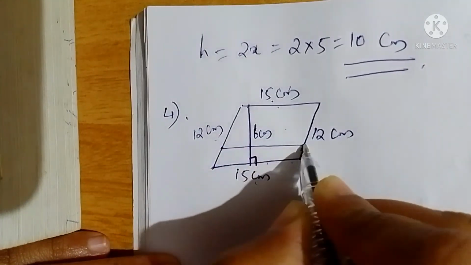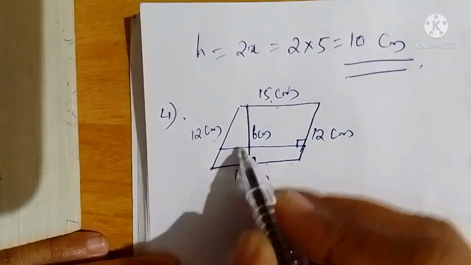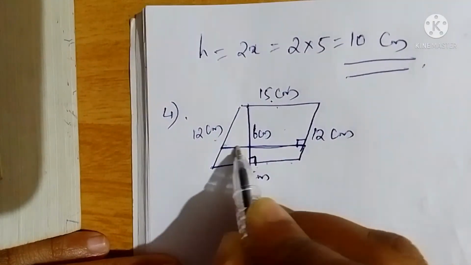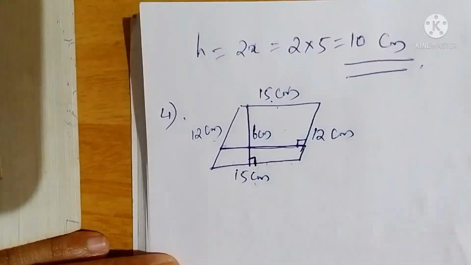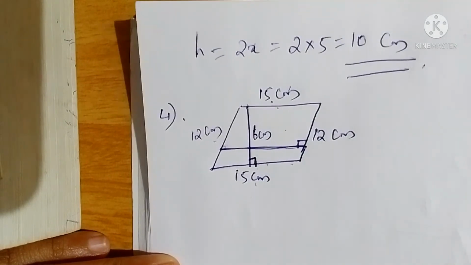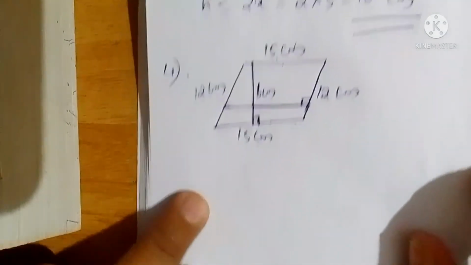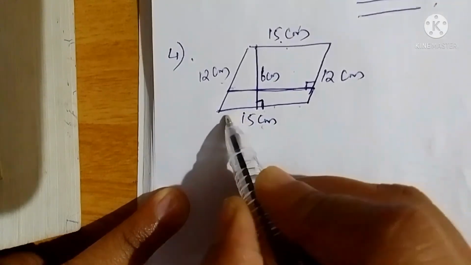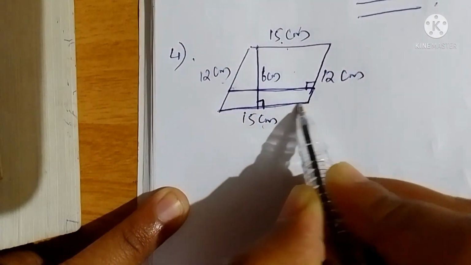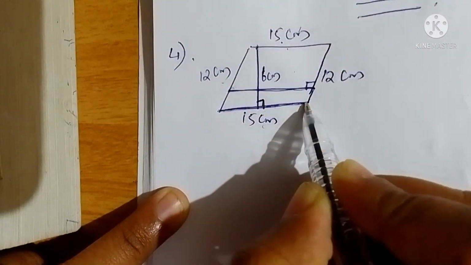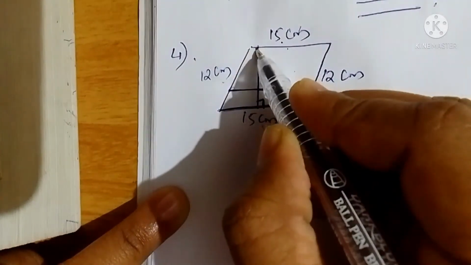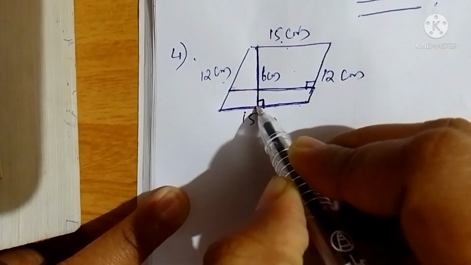Okay, this distance we have to find, the length of this line. So here, if we take the 15 centimeter side as the base, then the corresponding height will be 6 centimeter.